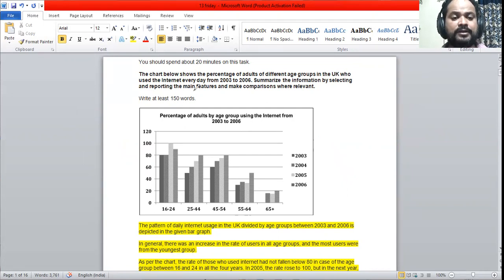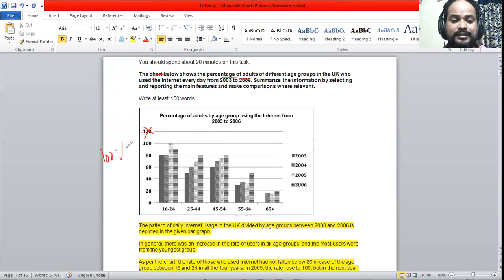This particular chart, a bar chart, shows the percentage of adults. It is a percentage, so it means it is 100%.